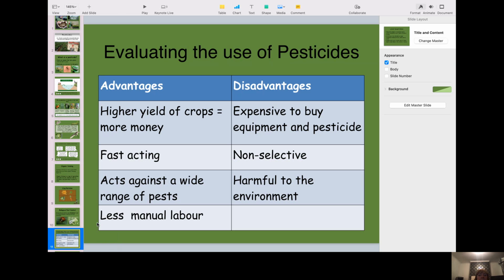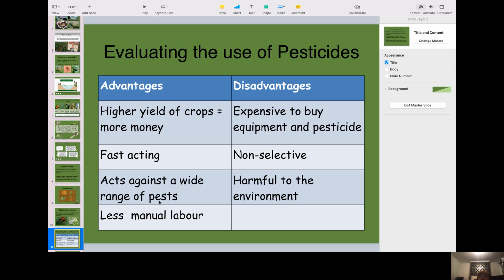Here we go. So evaluating the use of pesticides. So here are the advantages. You get a higher yield of crops. That means you get more crops and therefore more money. Pesticides are fast acting. So you spray the field and the pests die very, very quickly. They act against a wide range of pests.